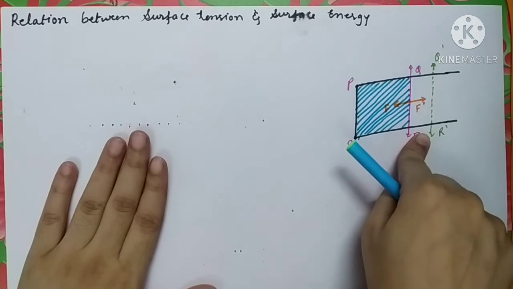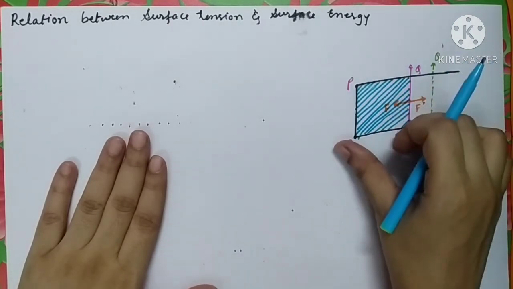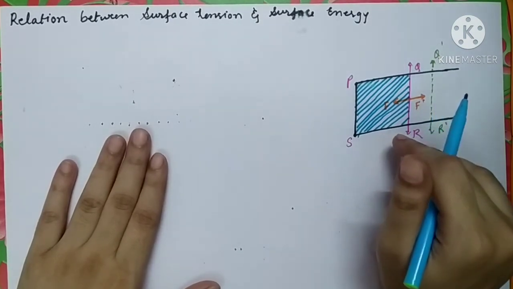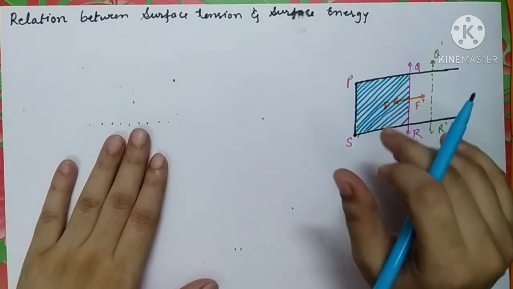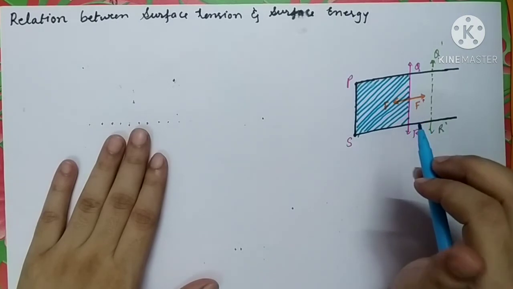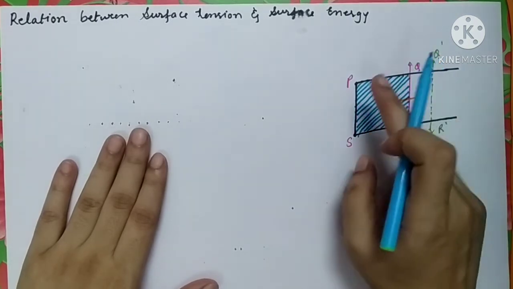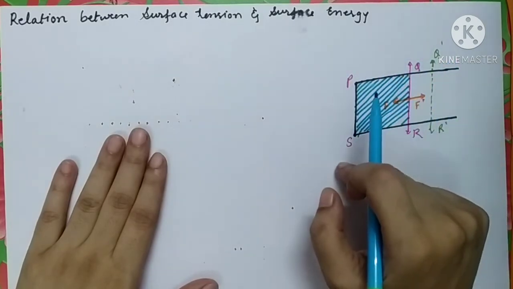And after that, let's dip this rectangular frame in a soap solution. What you will observe here is that one soap film will be created in this rectangular area PQRS.